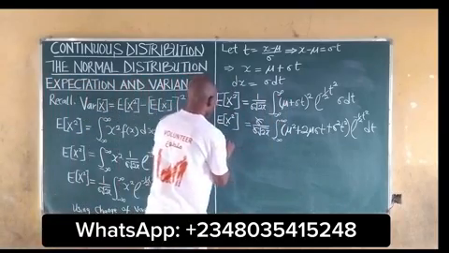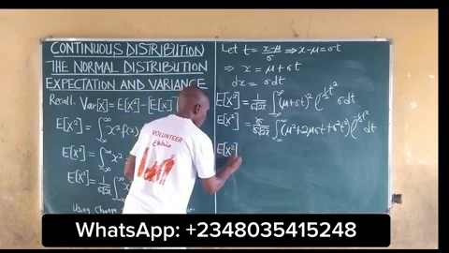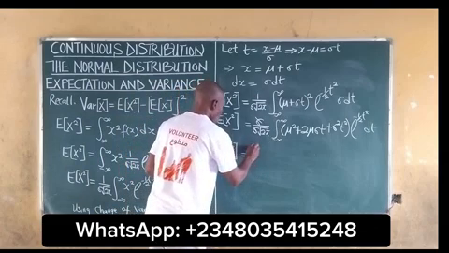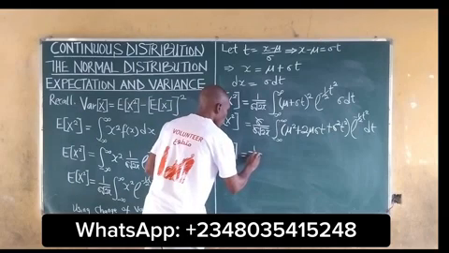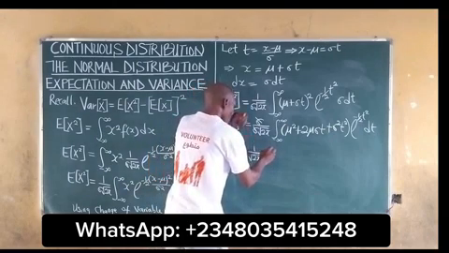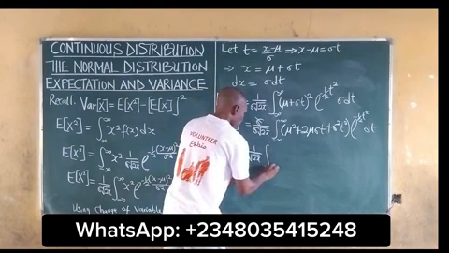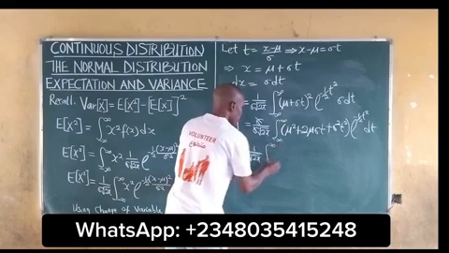So we have that our expected value of x squared will be equal to 1 all over square root of 2 pi the integral from negative infinity to infinity.